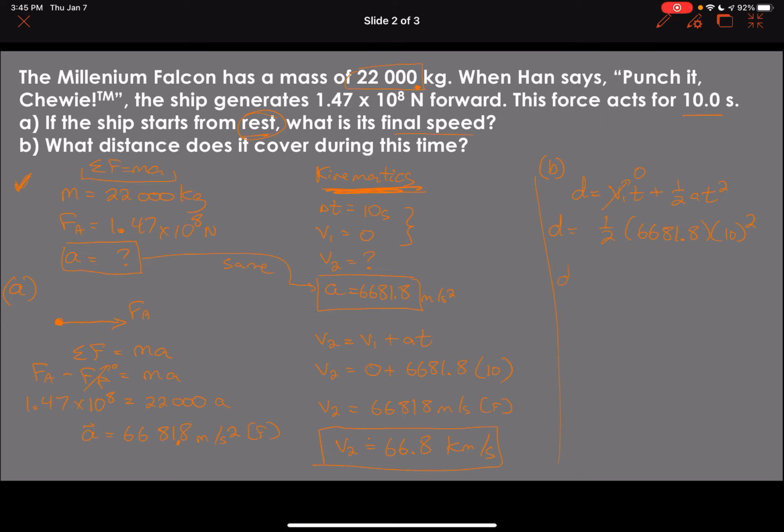We sub into there and crunch out some numbers, and we're going to get 334,090 meters. Again, for 3 sig digs, we could say approximately 334 kilometers, or 334,000 meters.